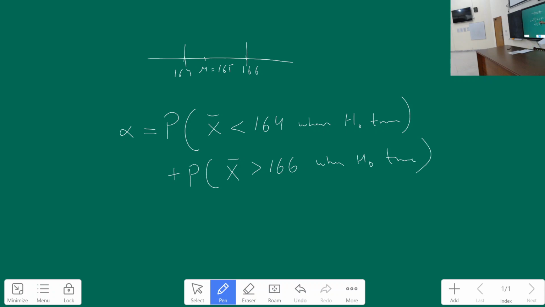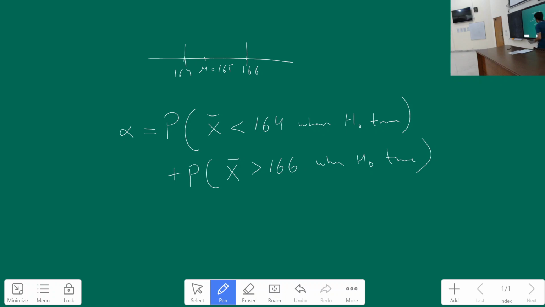So these two together in this example, remember, there is no fixed formula for alpha. It just says alpha is probability of type 1 error. The nature of the formulation will then help you write this out further. What level you select, is it two-sided, one-sided, all that. So in this case, this is what's happening.